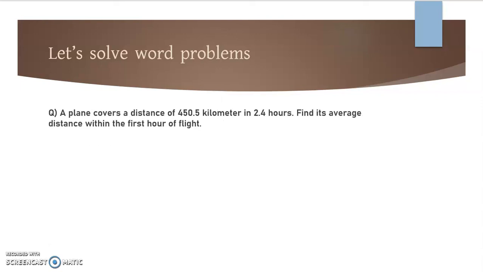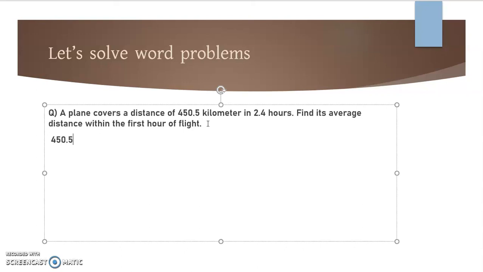Okay. Next question. A plane covers a distance of 450.5 kilometers. In the previous lesson I gave you the speed, distance, time formula. Basically, if I'm not wrong, it's been long since I practiced, distance is speed into time.